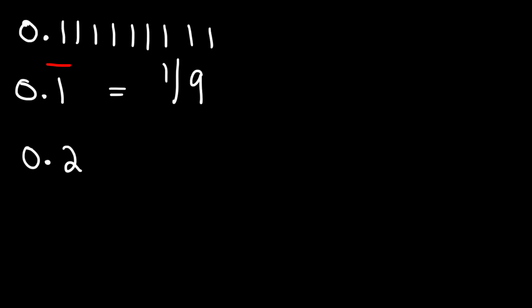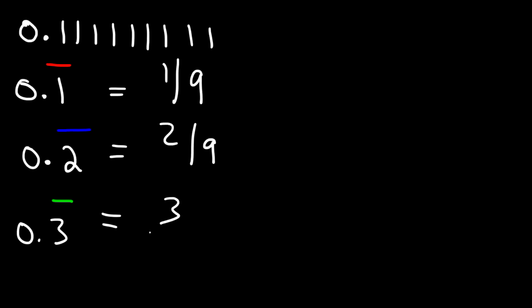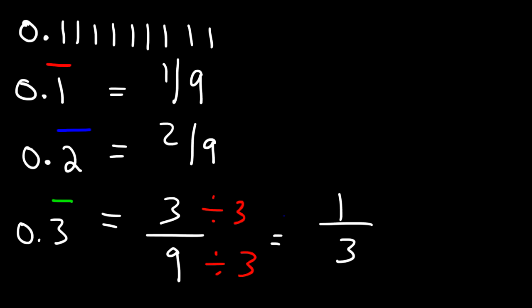Likewise, 0.2 repeating is 2 divided by 9. And 0.3 repeating is 3 over 9. But this one, we can reduce because we can divide both numbers by 3. And so 0.3 repeating in its simplest form is 1 over 3.